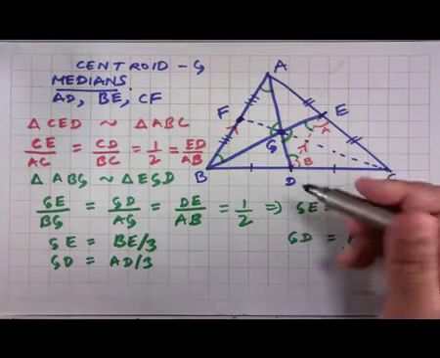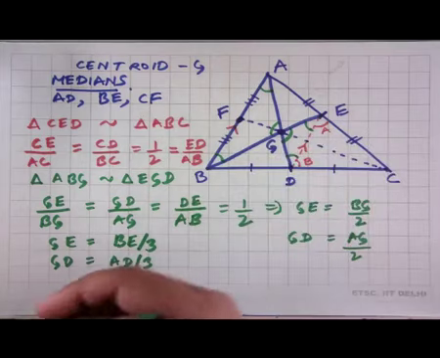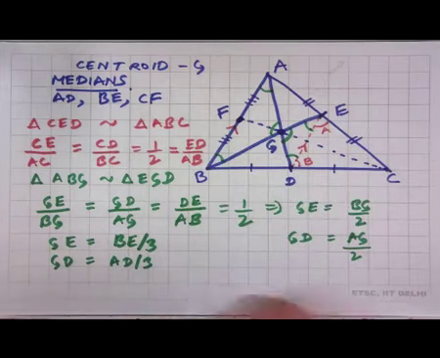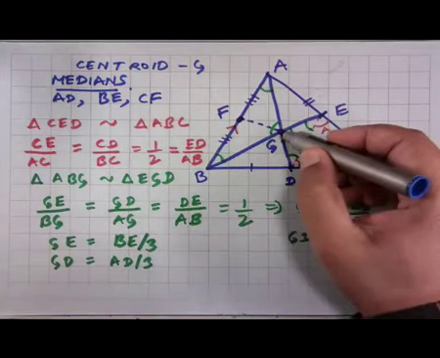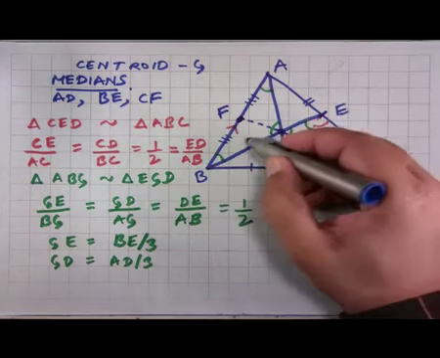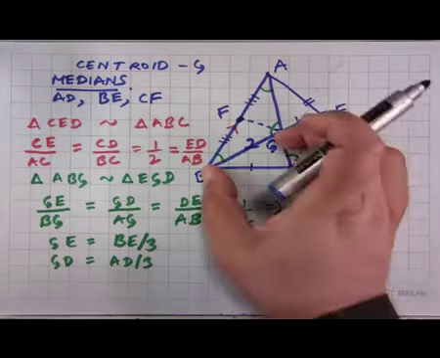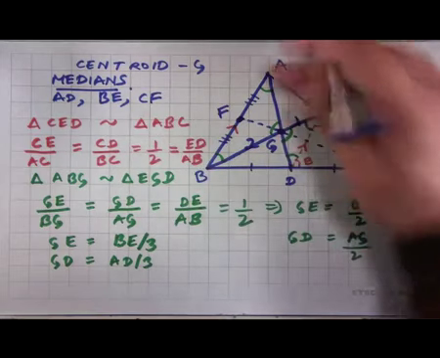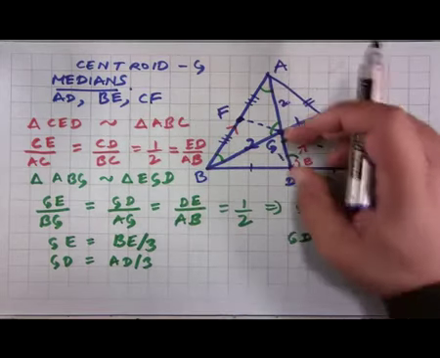Sometimes in books it is also said that the centroid G divides the median in the ratio 2:1. So, this is 2 and this is 1. Similarly, this is 2 and this is 1.